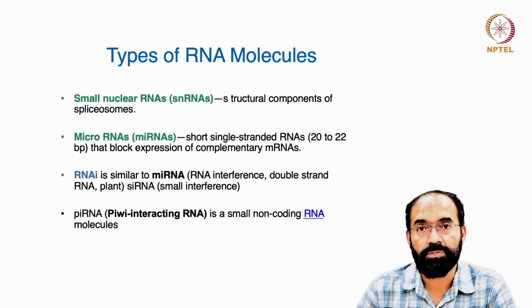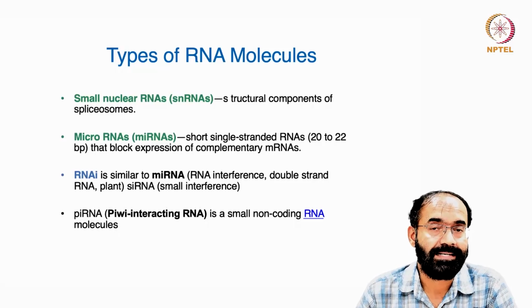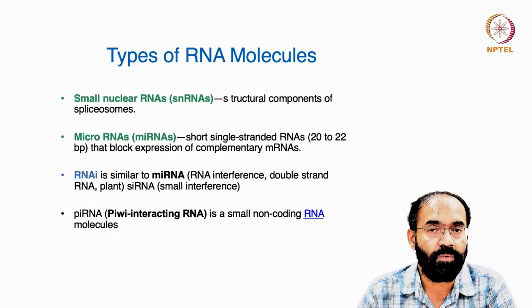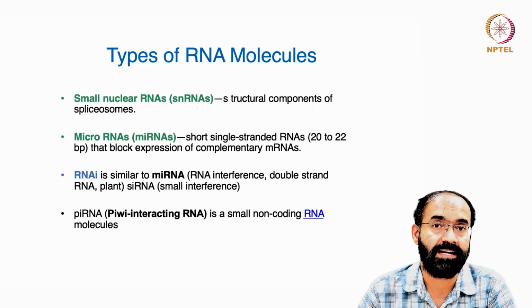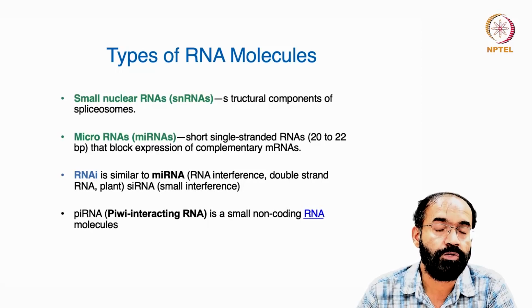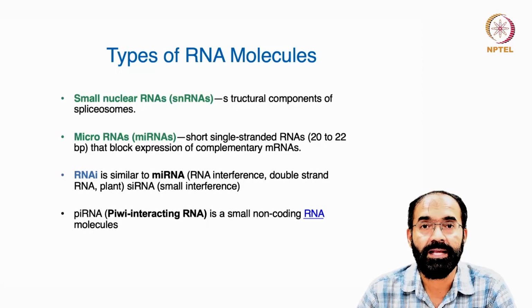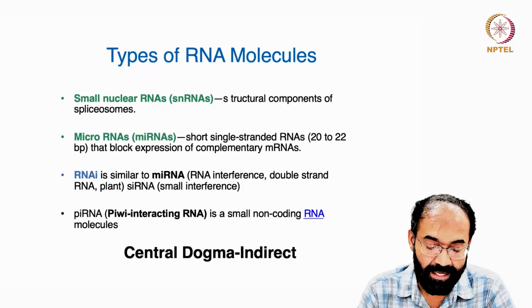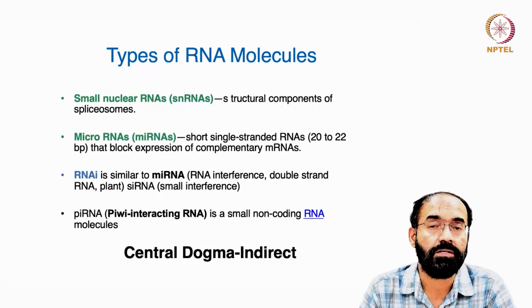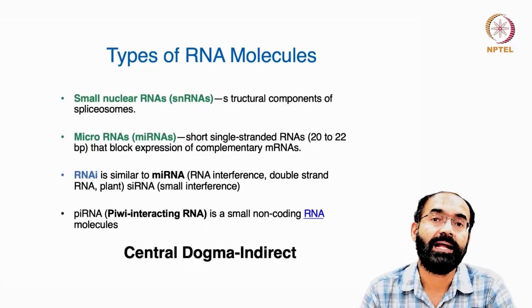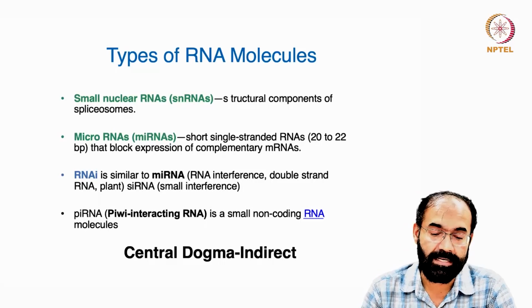So these molecules do not influence the transcription, or they are not able to influence the gene expression in the first step, but they can influence the gene expression in the second step, that is the translation. So an mRNA is there, but whether it should be allowed to express into protein or not is decided by these molecules. So that is why we call these molecules central dogma indirect. That means they are not going to affect the central dogma direct, but they can influence the central dogma indirectly.